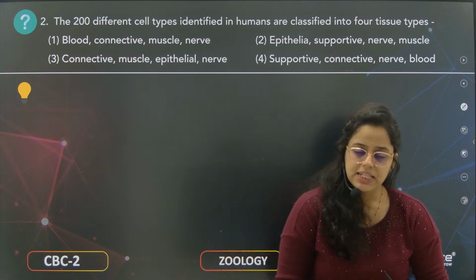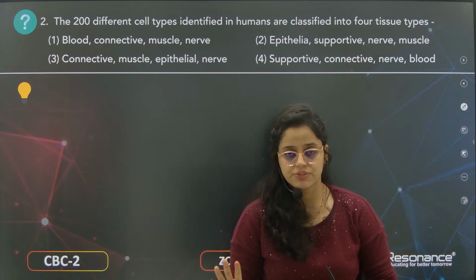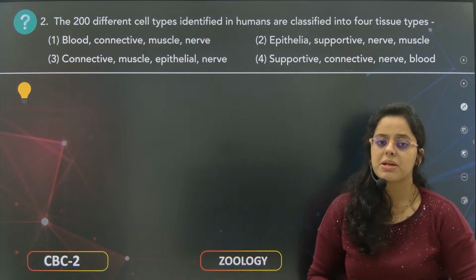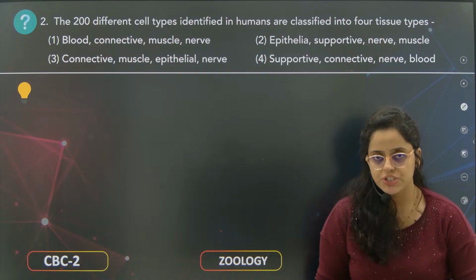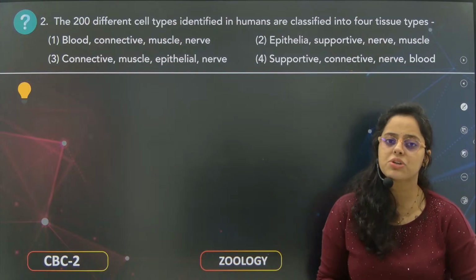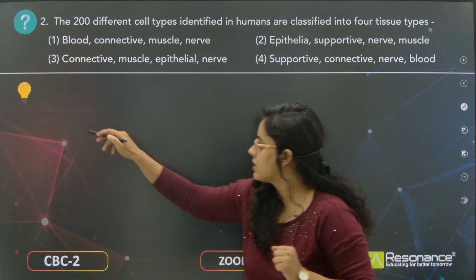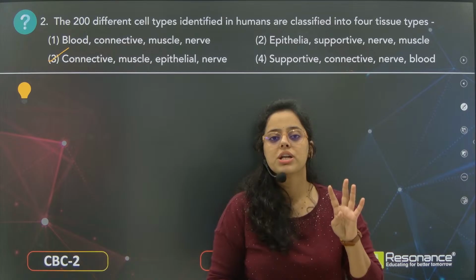The epithelial and muscle are connected by connective tissue, and we have nerves that make up the central nervous system and peripheral nervous system. So the tissue has been classified into 4 types: connective, epithelial, muscular, and nerve. Yes, you have guessed the answer correctly.